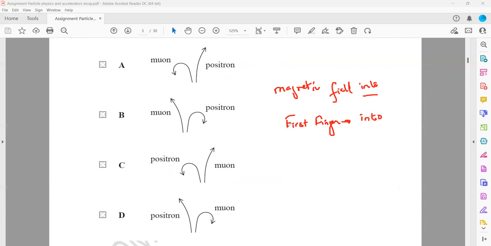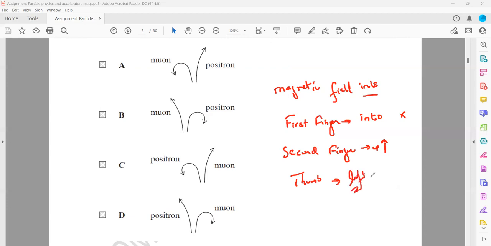We'll use the left-hand rule for a positive particle. The second finger represents the direction of the particle. In which direction are the particles moving? The particles are moving up. This is the direction of the particle. Where will your thumb point when you apply the rule? Your thumb will point towards the left.